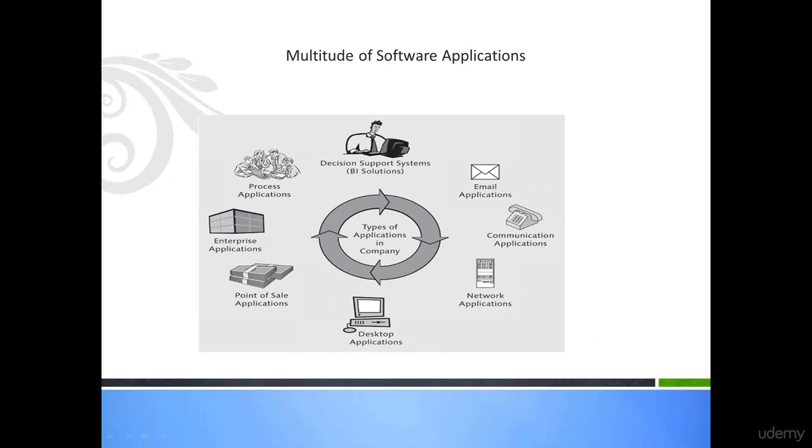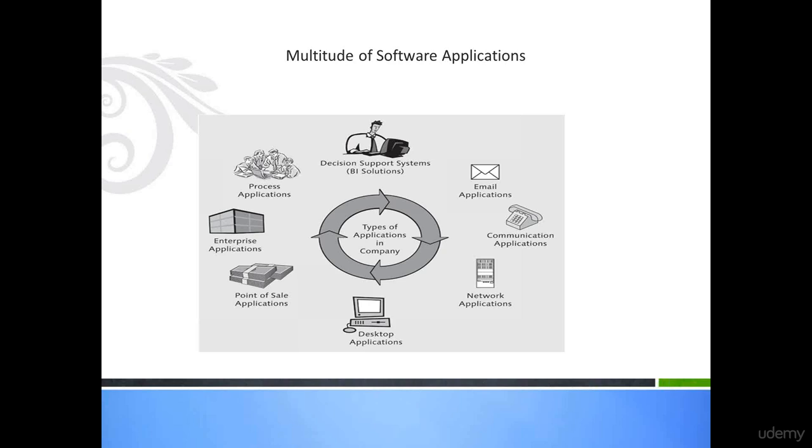Okay, so when we have data coming in from different departments, right? The types of application could be enterprise application, point of sale or desktop application and so forth, so there are several applications bringing in data. Even though they are different applications, it's all a collection of data, right? So there are tons of data, terabytes of data available in the industry now.